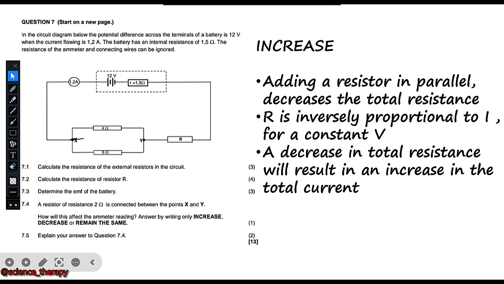R is inversely proportional to I for a constant V. A decrease in total resistance will result in an increase in the total current. When you explain, I always made sure you know that you must use the ORC method: you tell us the observation, the relationship, and then the conclusion. That's how you were supposed to go about answering this question, for a total of 13 marks.